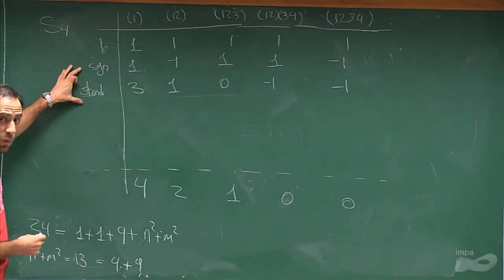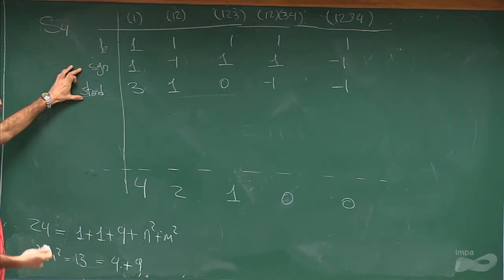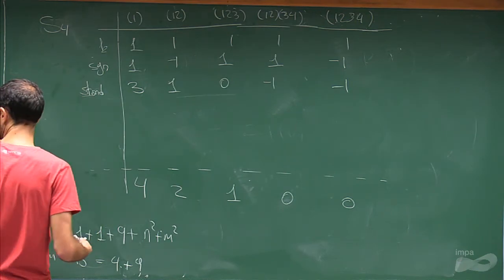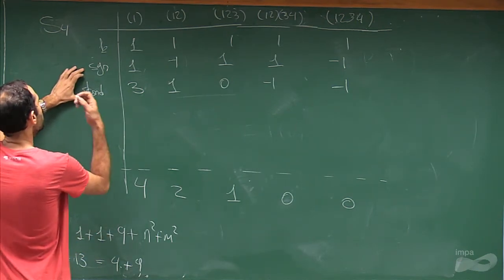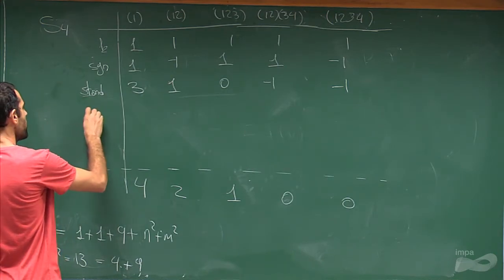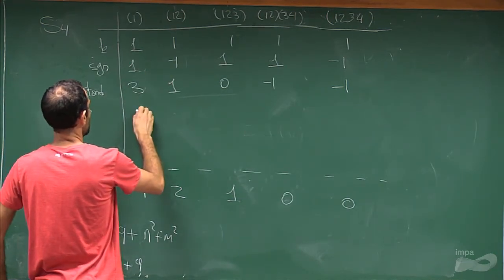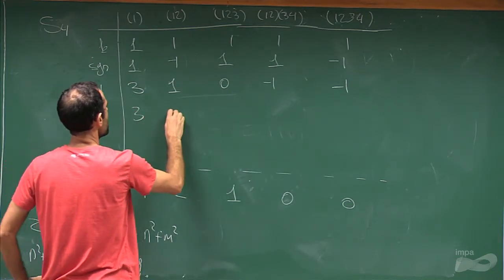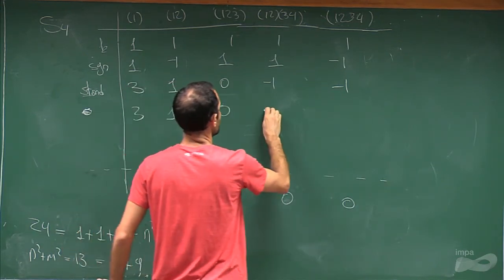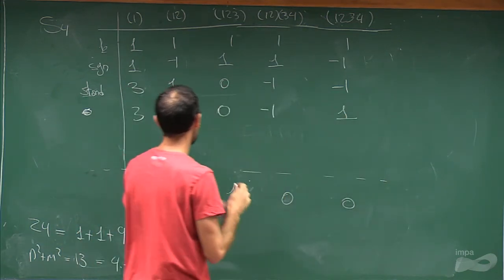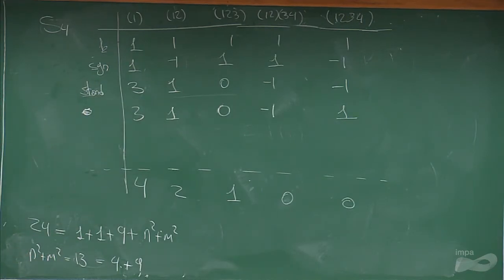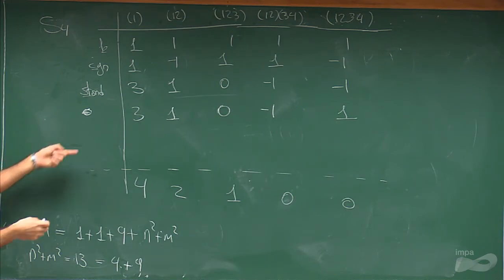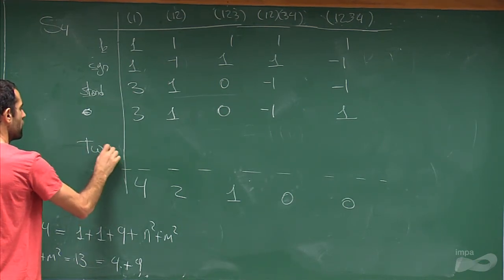If I tensor these two guys here, it's going to have to be irreducible. And okay, so I'll talk about this in the categorical sense later. But that's a good way, a tensor product. And here I'm going to get the product of these characters. So therefore, here I'm going to get 3, here I'm going to get 1, here I'm going to get 0, here I'm going to get -1, here I'm going to get +1, and I'm guaranteed that guy to be an irreducible representation.